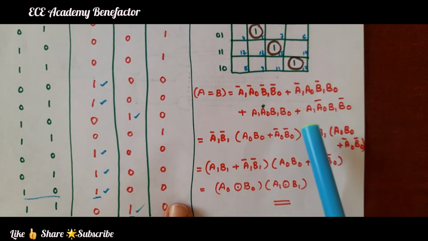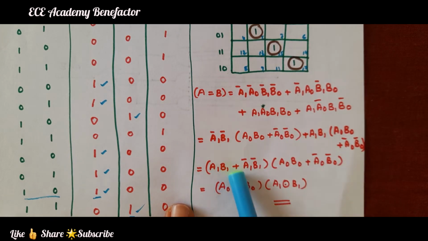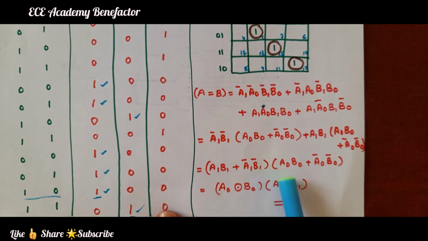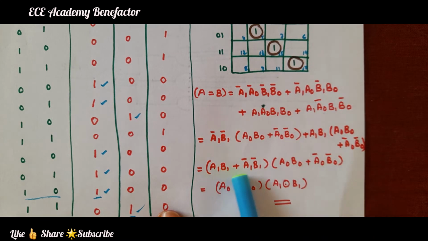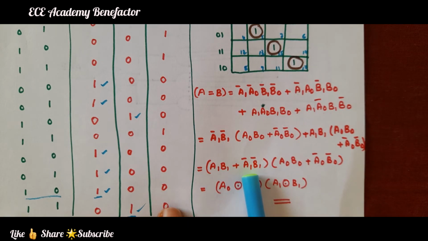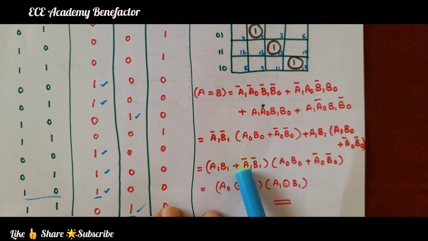After writing, we can write A1 B1 plus A1 bar B1 bar dot A0 B0 plus A0 bar B0 bar. So this is the expression for the XNOR gate. What is the XNOR expression?